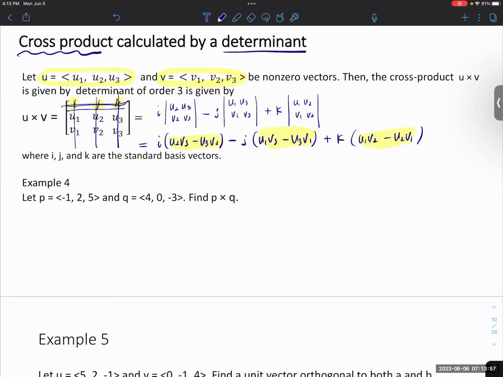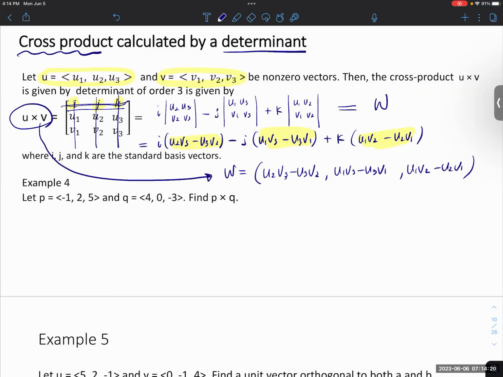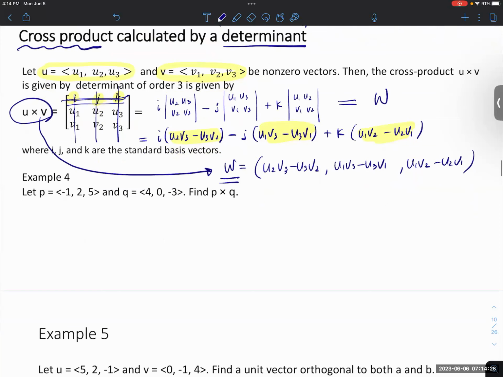This is going to be your W vector, which is U2, V3 minus U3, V2, comma, U1, V3 minus U3, V1, comma, U1, V2 minus U2, V1. This way you can find out the W vector much, much more quickly by using the determinant. Okay, so far so good. Therefore, this is the third vector, which implies that W is perpendicular to U, and W is perpendicular to V.